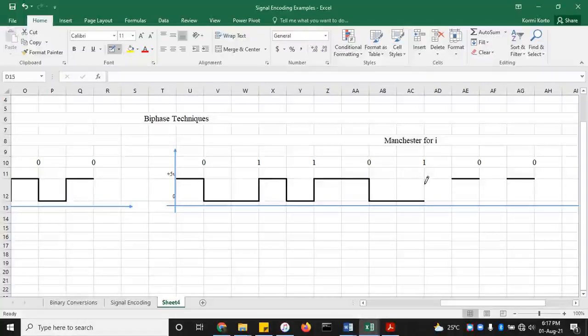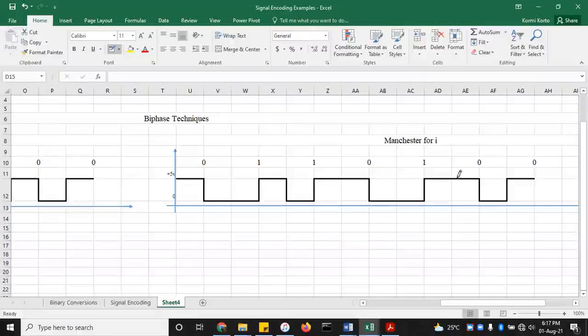So we have the mid bits, and since now we have a 0, the only way to achieve that high voltage start is by moving straight into it. Now we have a 0 to 0. With this one, there has to be a transition at the beginning of this bit to give it that high start. So that's how you achieve that.